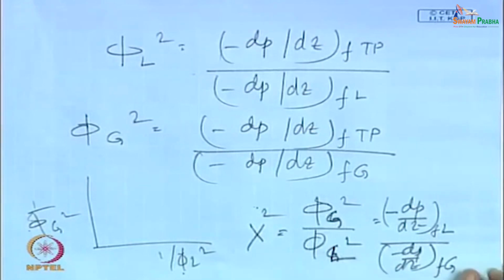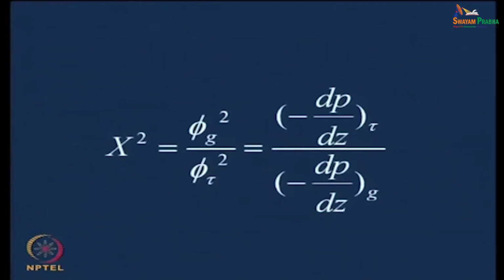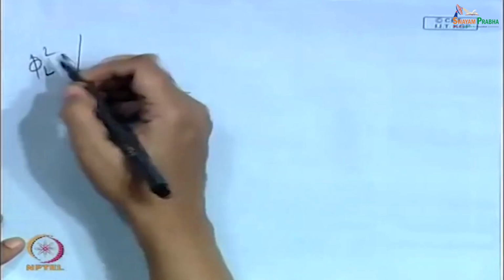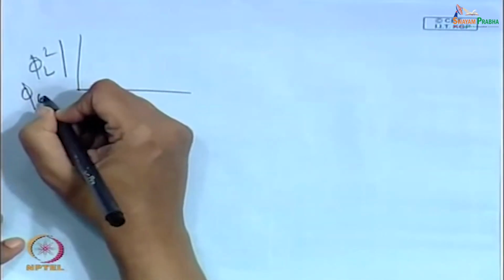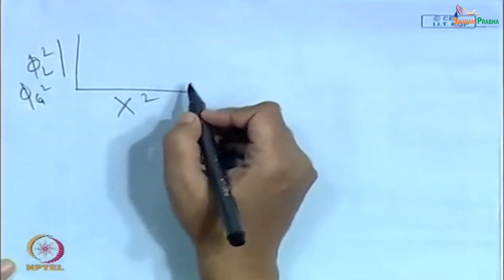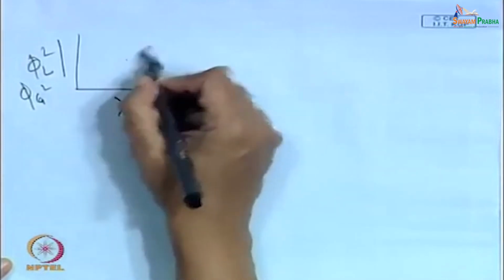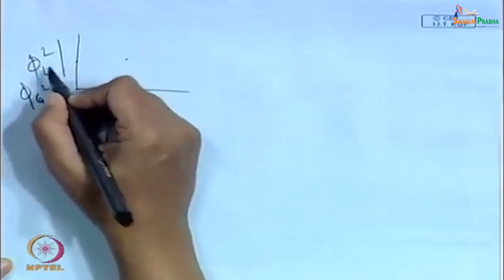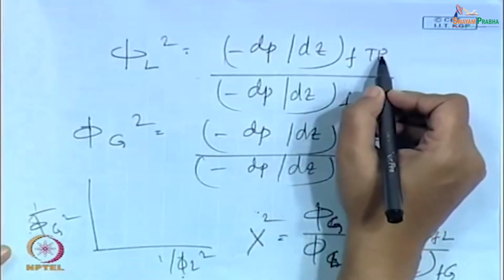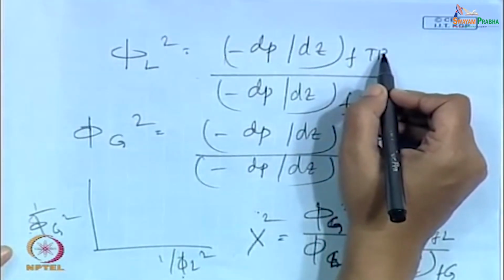So, the next attempt was to plot phi L square, or it can be phi G square, as a function of X square. The moment we can find out X square, the curves are there, we can find out phi L square, and since we know dP dz FL, we can find out the two phase frictional pressure gradient. Clear to all of you?